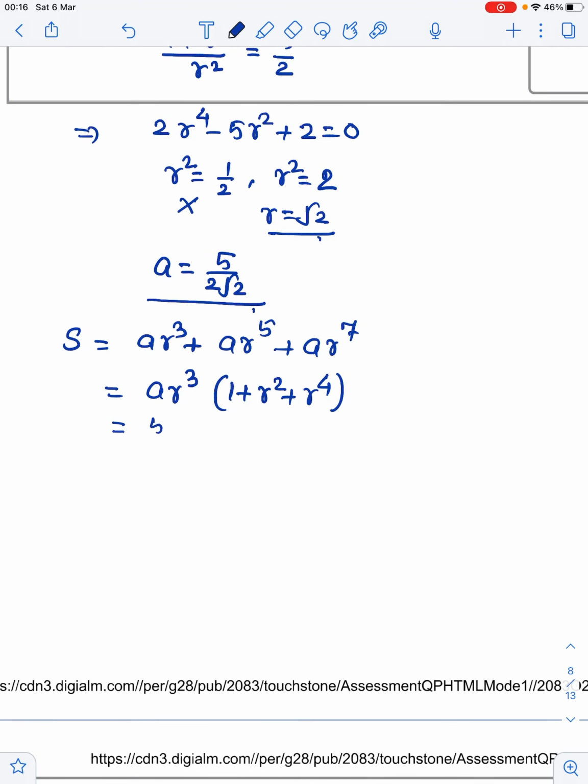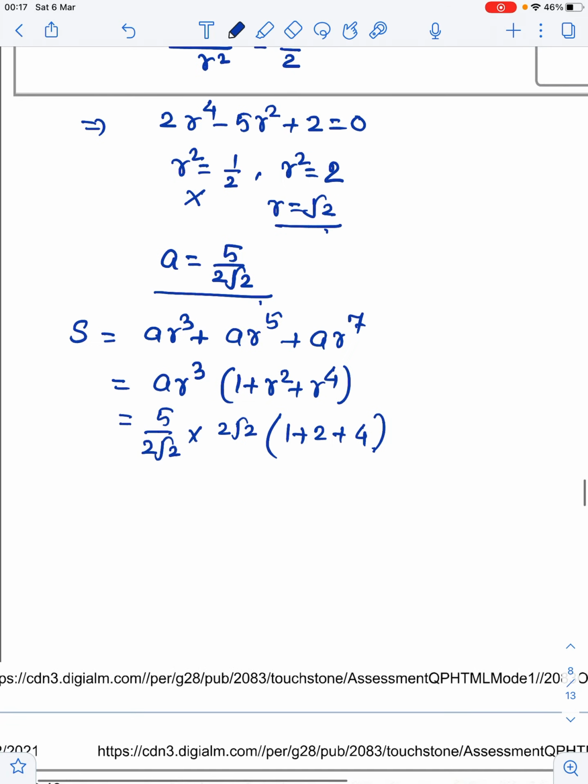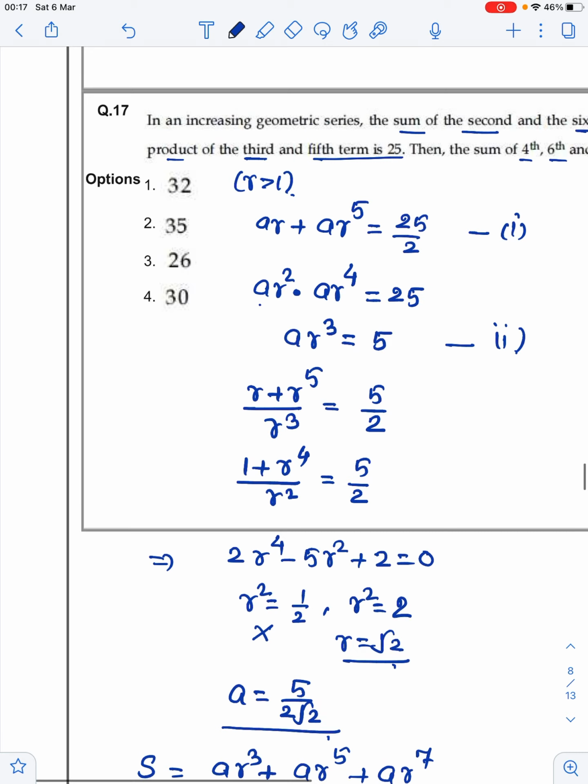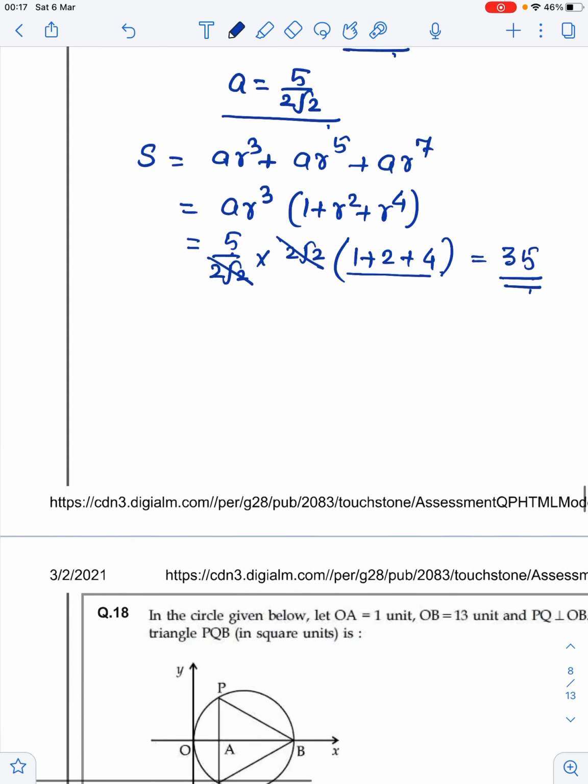Simply putting the values: A is 5 by 2 root 2, R is root 2 so the cube is 2 root 2, and 1 plus 2 plus 4. So this 2 root 2 cancels. This is 7 and this is 5. So the output is 35 clearly. So option number 2.